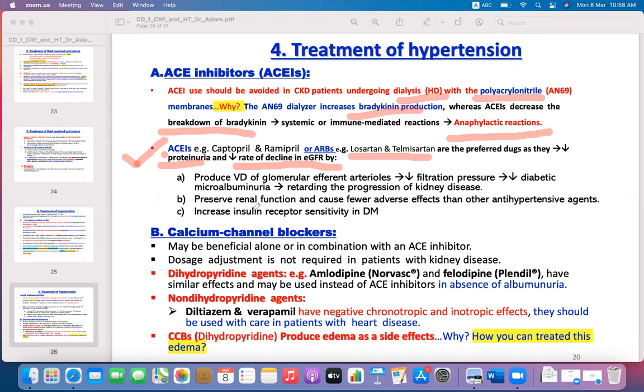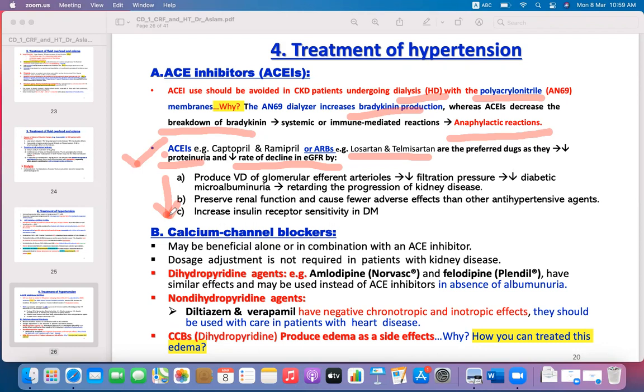These drugs also preserve the renal function and cause fewer adverse effects than other antihypertensive agents, and also increase insulin receptor sensitivity in diabetes mellitus. So these three are the benefits of using ACEIs or ARBs in the management of hypertension in the chronic kidney disease patient.